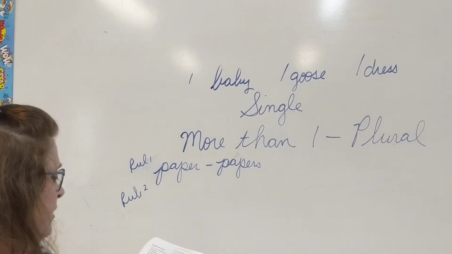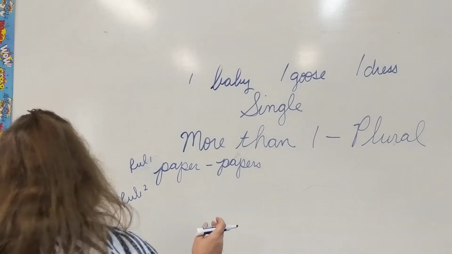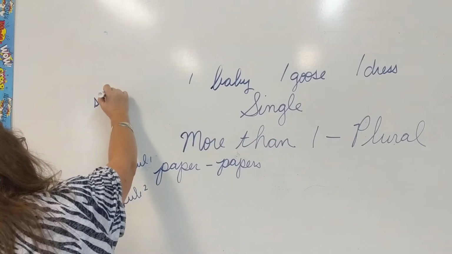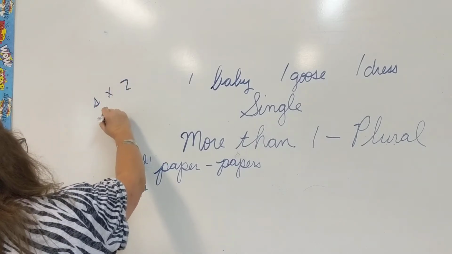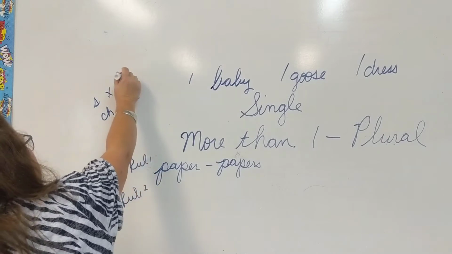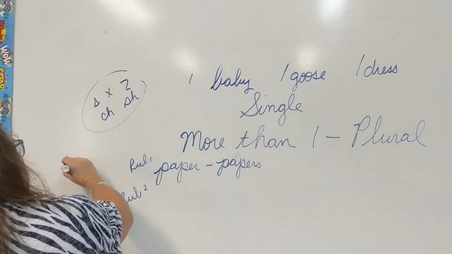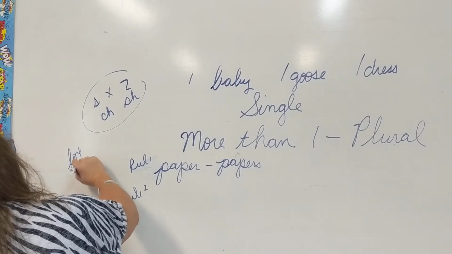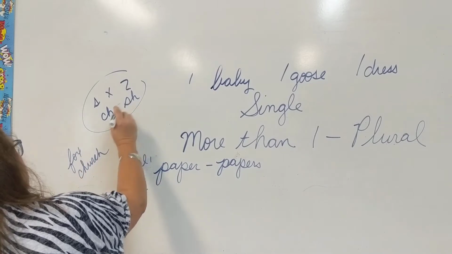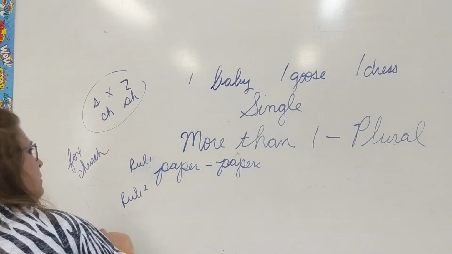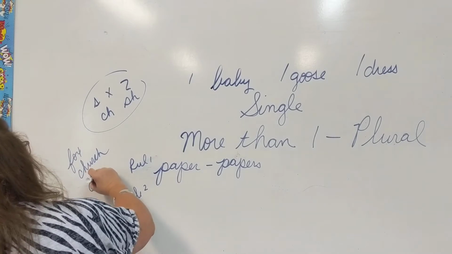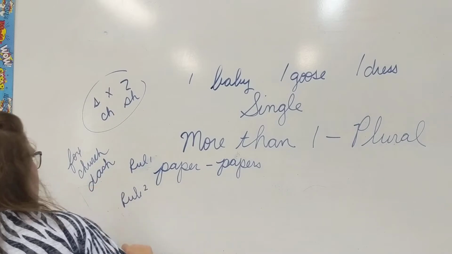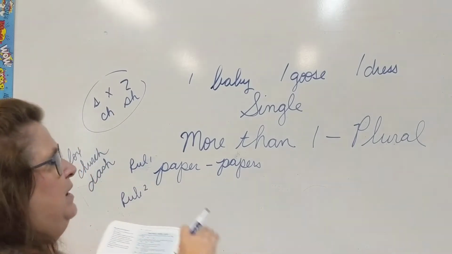Rule number 2, to form the plural of a word, if our word ends with S, or if it ends with X, or Z, or CH, or SH, any of these endings, like the word fox, ends with X, like the word church, ends with CH, like the word dash, ends with SH, like the word, I'm thinking a word that ends with Z, but we can go with these ones.